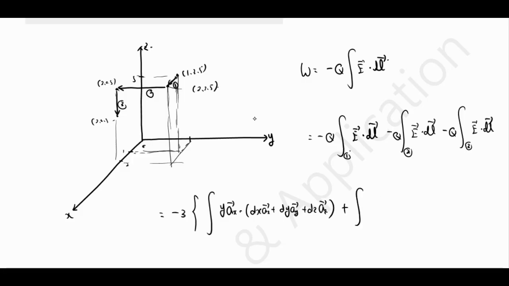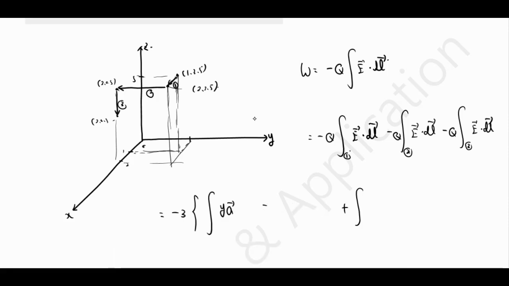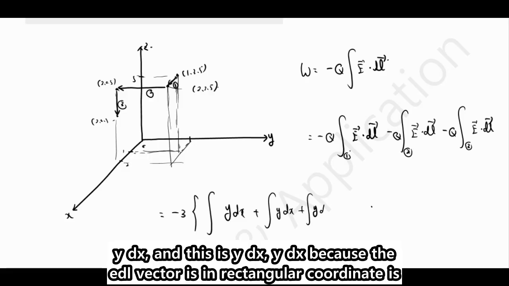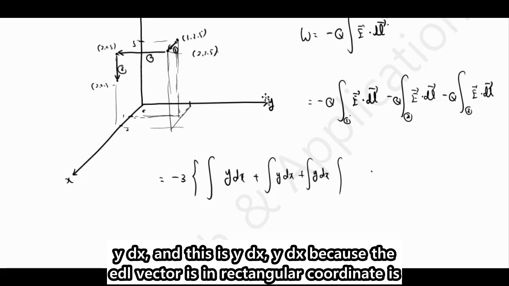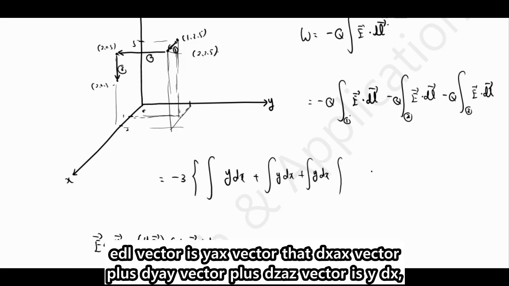So E dot dl is y ax vector dot dx ax vector plus dy ay vector plus dz az vector. This is y dx, the same for each path.